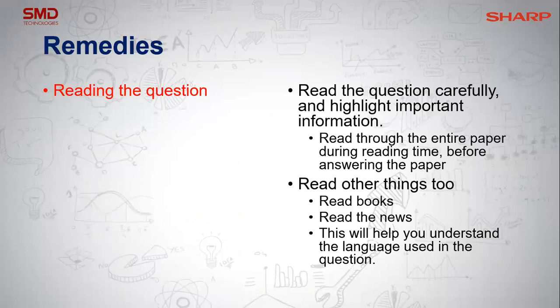Obviously the first thing is that they need to read the question carefully. Often kids will skip part of the question, or they won't read it carefully and they miss an important piece of information, or they don't read it correctly and then they take the wrong information into the question. So they need to make sure that they're reading the question carefully.